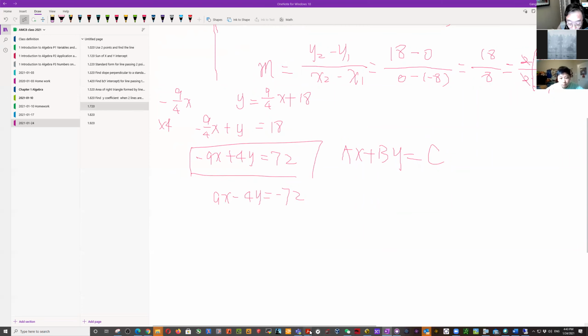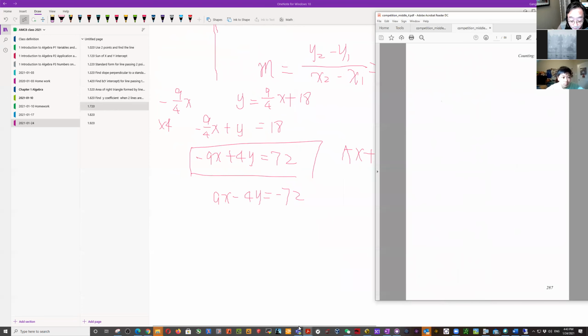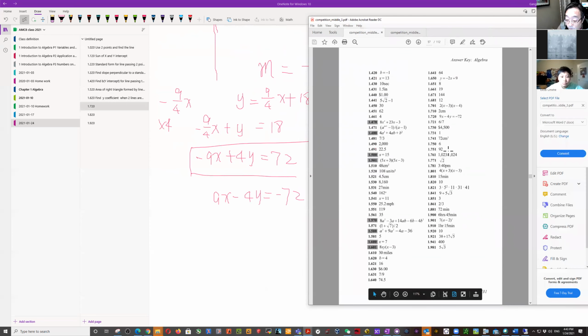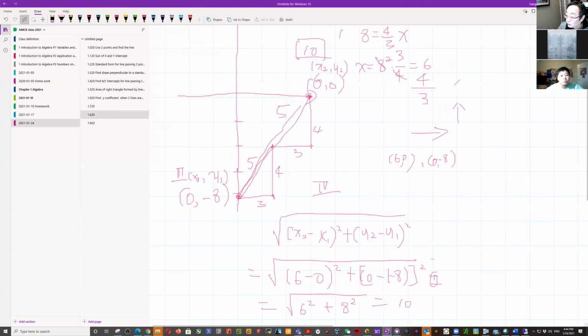And let's try to do this one. 1720 is 9x minus 4y equal to negative 72. Yeah, that's right. So I did it right.